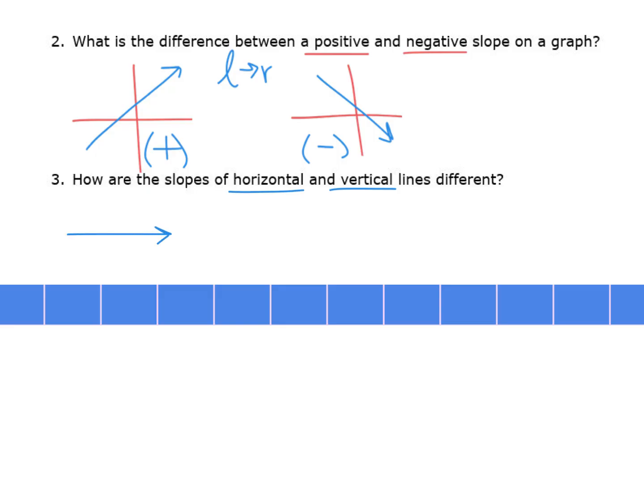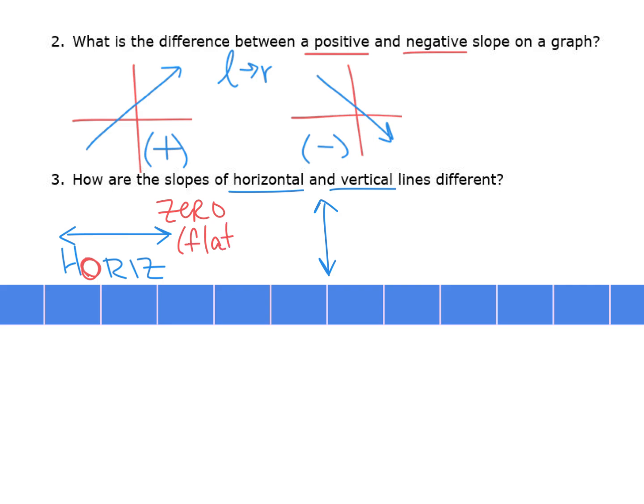If this is my horizontal and this is my vertical, what do you know about the slopes of those? What do you know about the slope of a horizontal? Remember we talked about our trick. If I wrote horizontal, the O is what? 0. This is a 0 slope, meaning that it's flat.